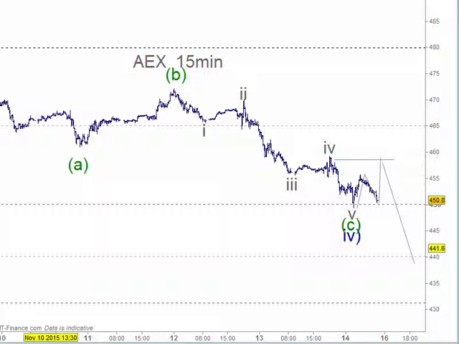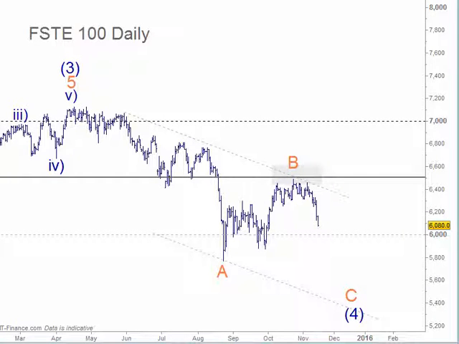And this is not so silly, as I've mentioned before, because when we look at the UK market, the FTSE, just on the daily chart here, you can see straight away that this is much more bearish, isn't it? First of all, it didn't move up as much as the other markets have done. Secondly, it's also moved down quite radically.